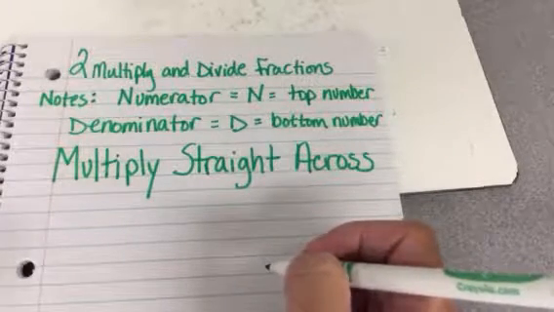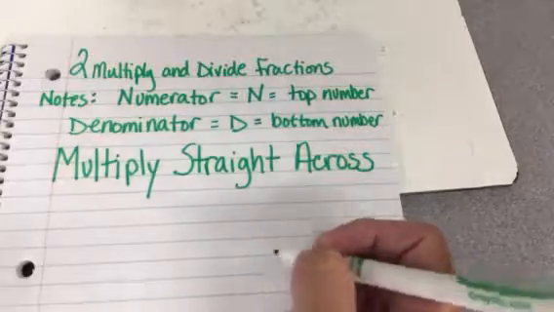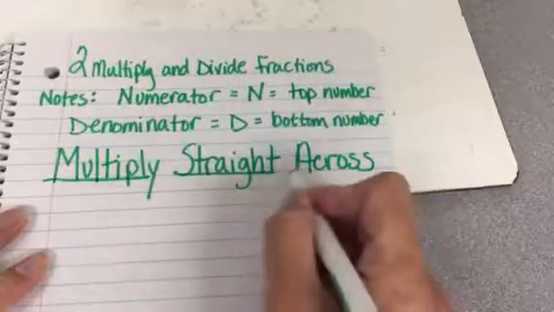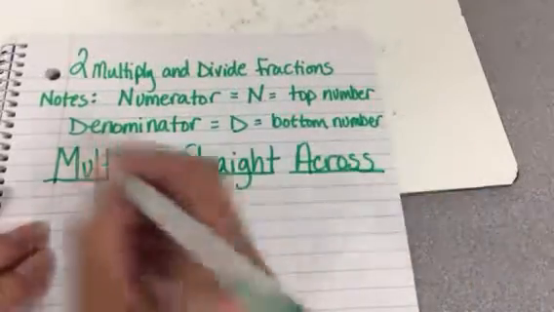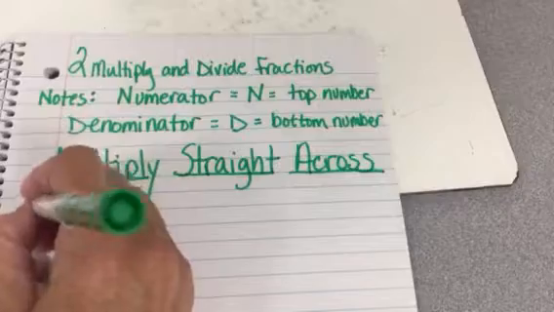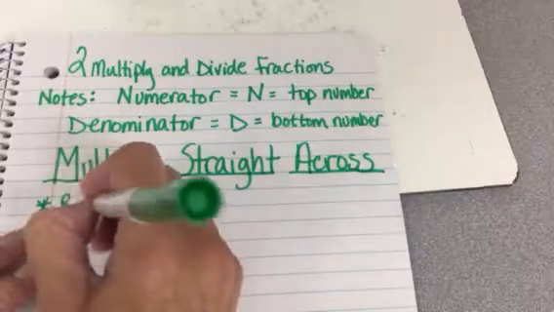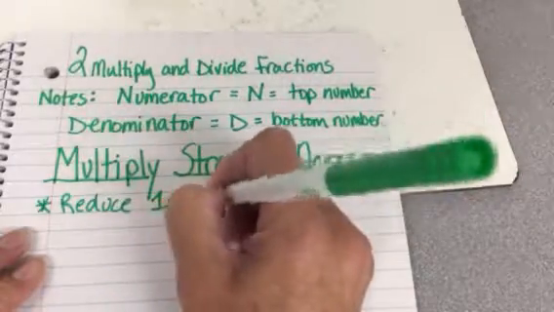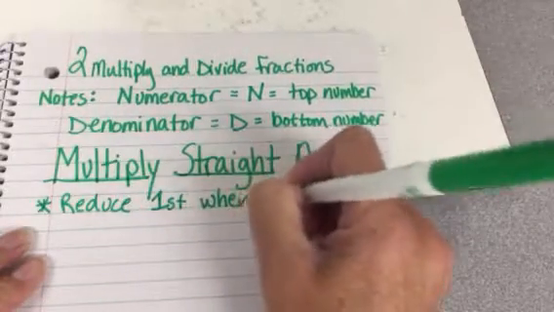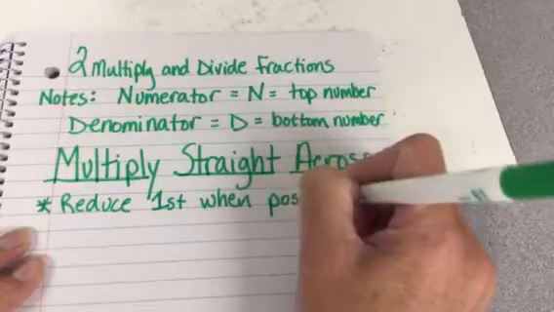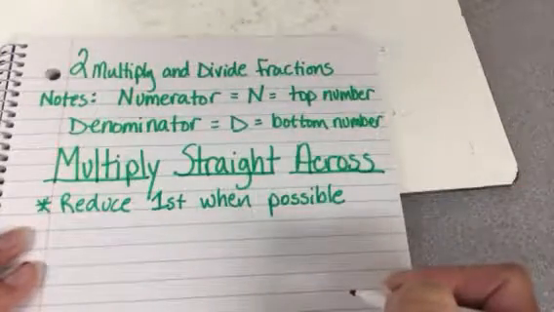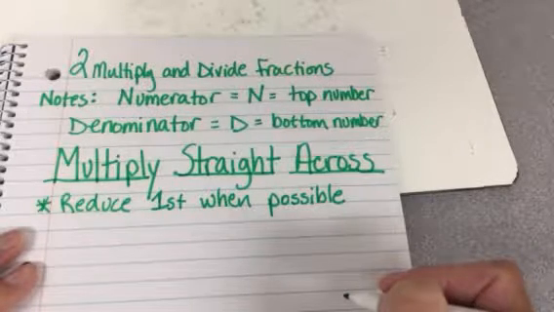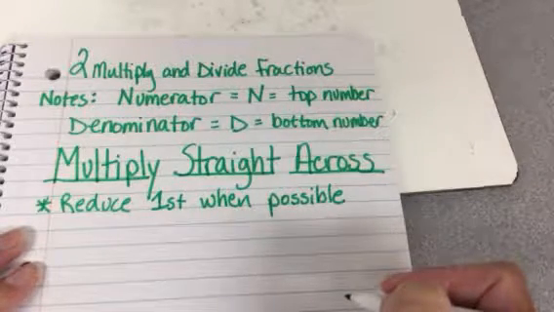Right before I get to the example, I do want to let you know, let's just underline that, super important, multiply straight across. Now, you're going to, let's put a little star, reduce first when possible. It makes it a lot easier to reduce in the beginning than it does at the end. Your numbers are smaller before you multiply than they are after.